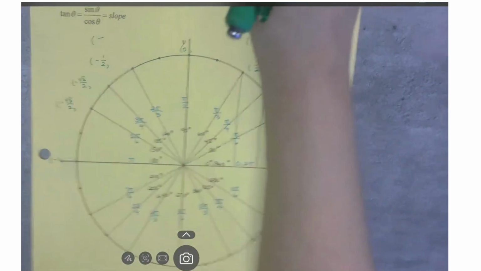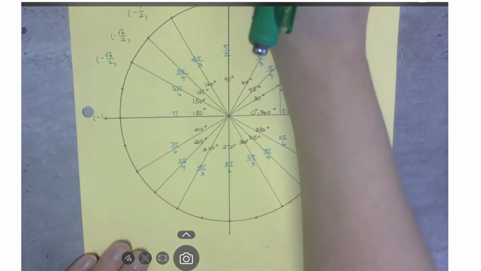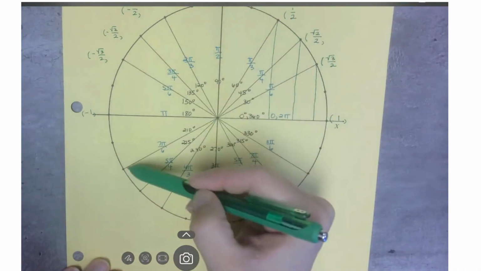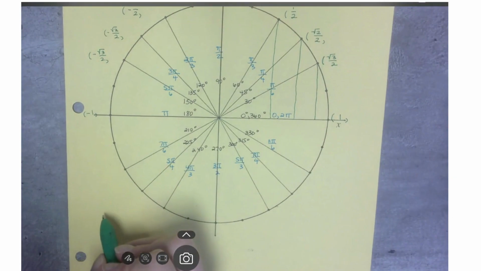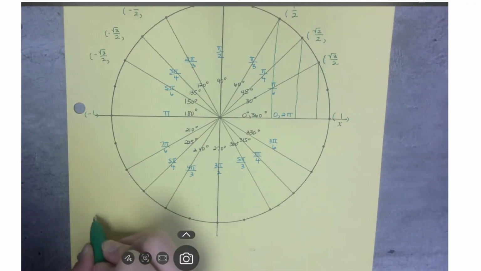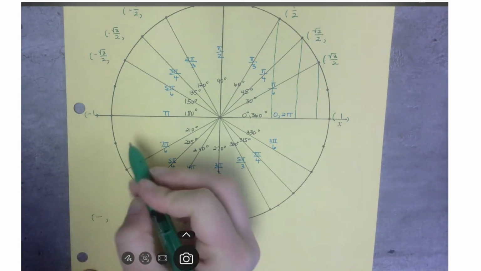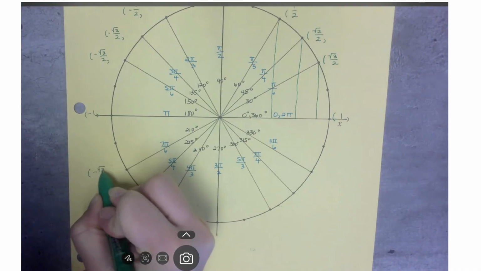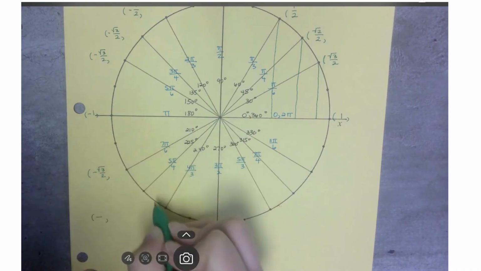I'm going to continue working around my unit circle. There's symmetry happening for the length of these. And I need to recognize that x values are also negative in this quadrant. So this right here, using that reflection, is going to be negative square root of 3 over 2 at 7 pi over 6.